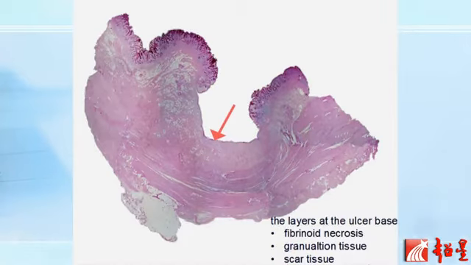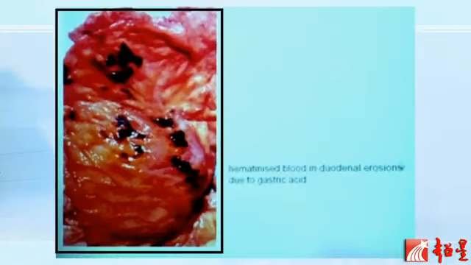This is necrosis, granulation tissue, and then the fibrosis or scar tissue. Now, this area, this defect, is not so deep. We call it erosion, because of the gastric acid reflux. Then in the duodenum this erosion will occur, and in this erosion, we can see this black area is hemorrhage. Hemorrhage is bleeding.